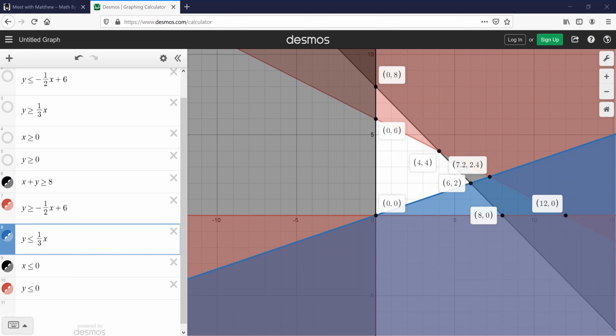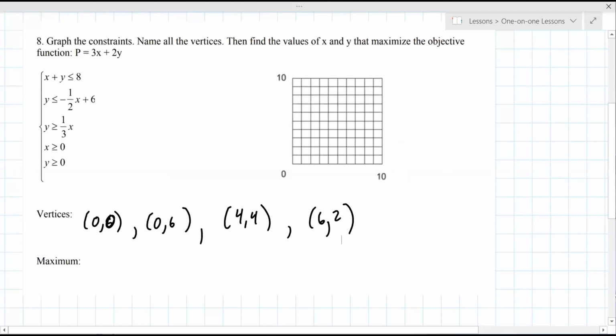And those are the only vertices. The other ones that I've highlighted here, they're just intersections if you need to show them. Okay. So I'm going to go back to sharing the workspace here. You should see the ordered pairs here, and then the maximum.